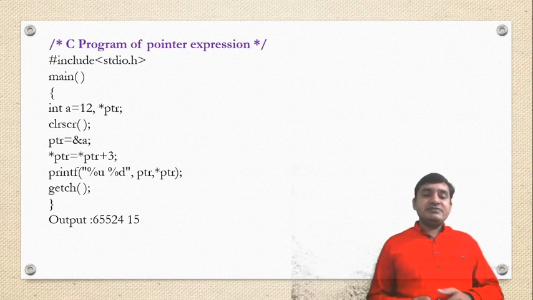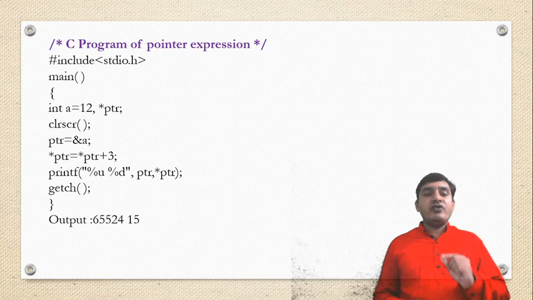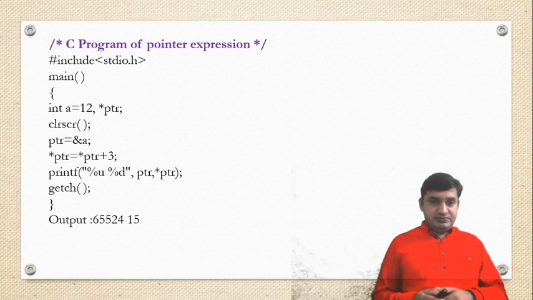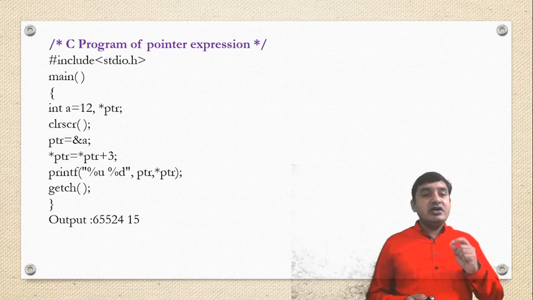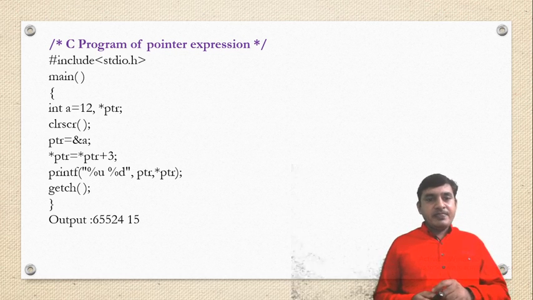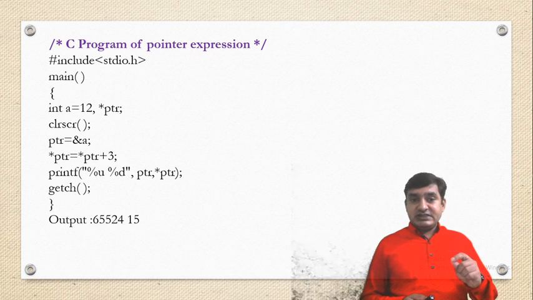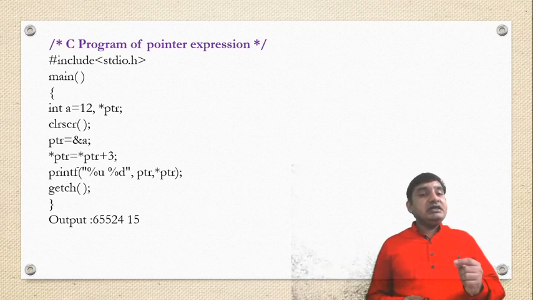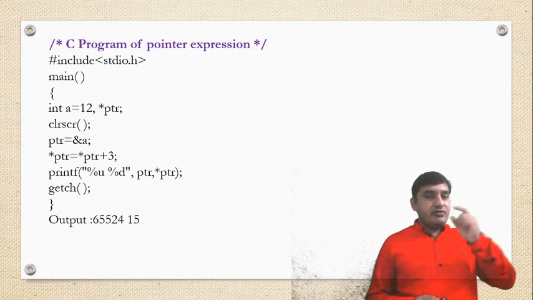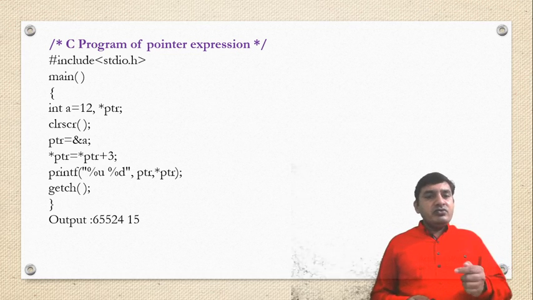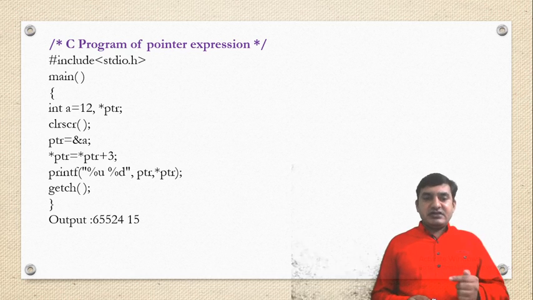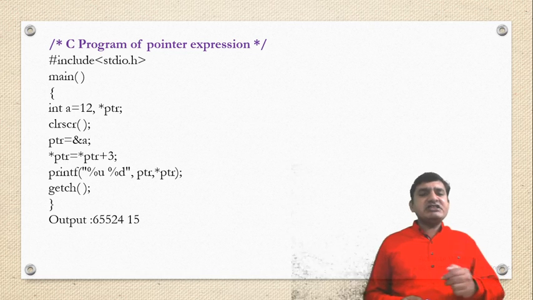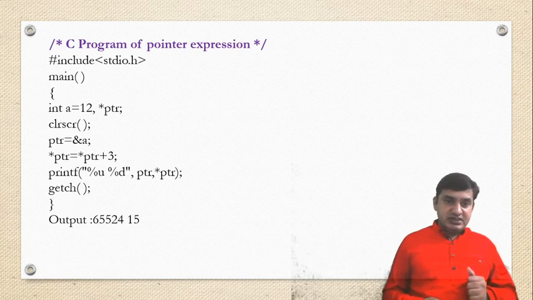The output is 65524. Actually, this is the address, where 12 is saved, and now the pointer gets this value, and this value is incremented by 3.